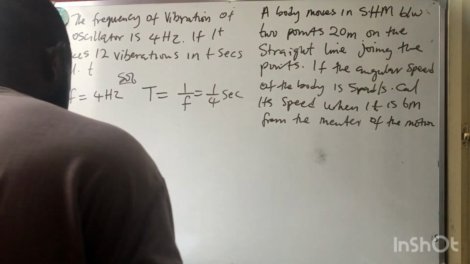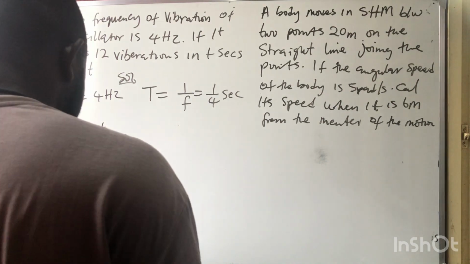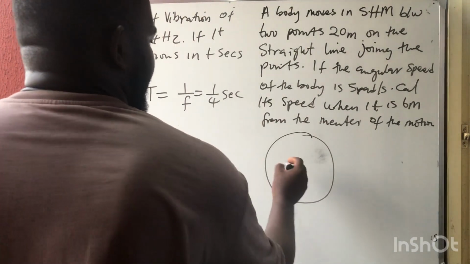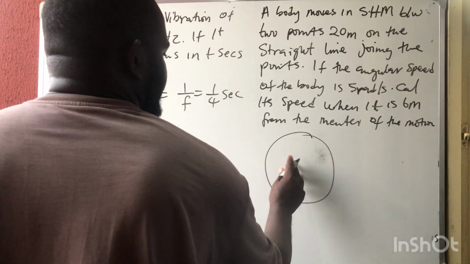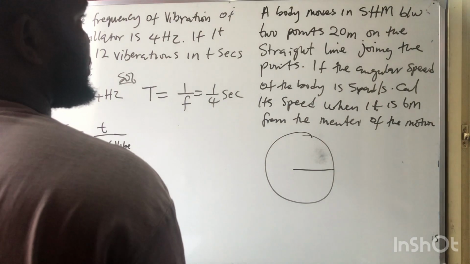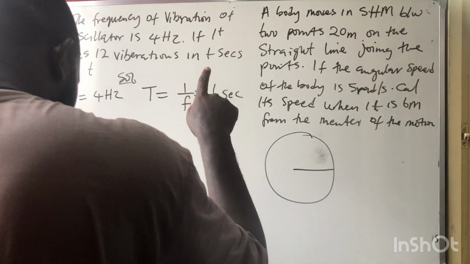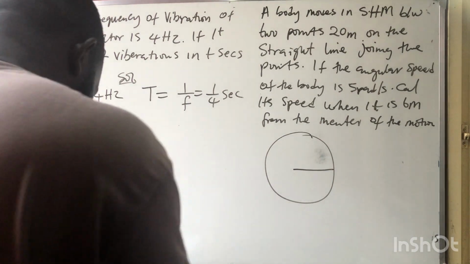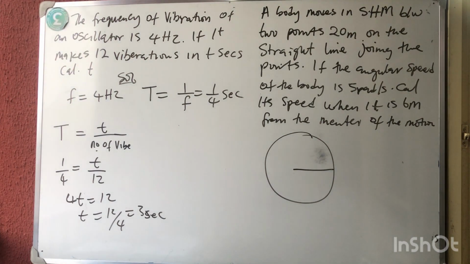Now, let me have a circle like this, and from the center to this place is the radius, and the radius they gave us is what? They gave us the complete 20?